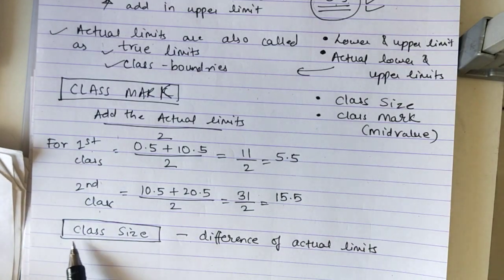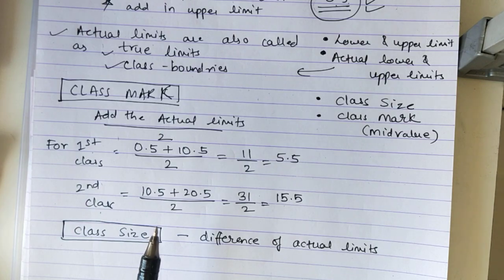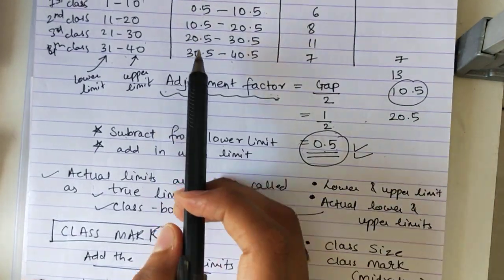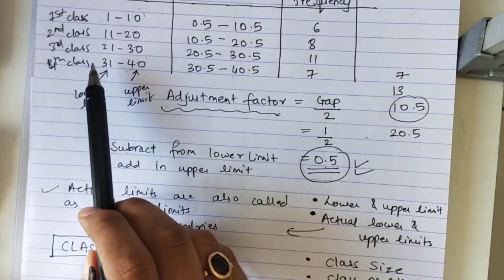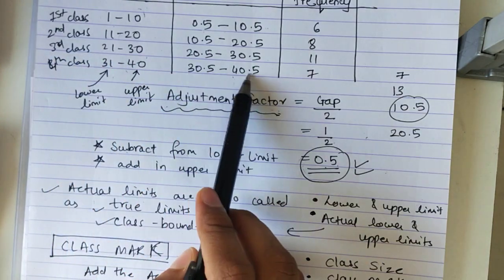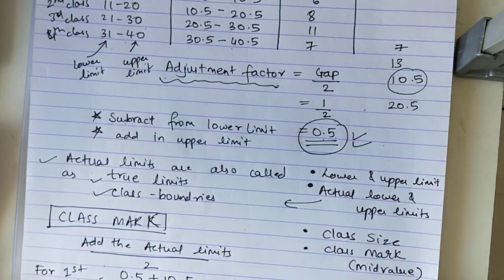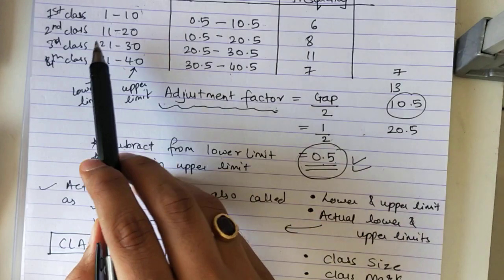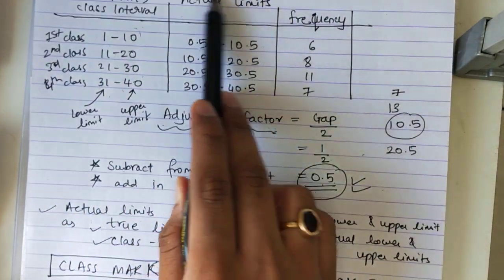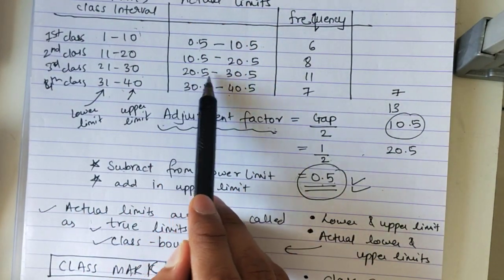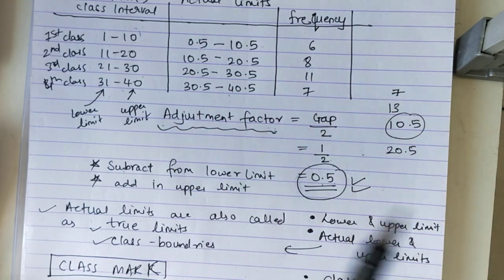If I want to find the class size of any class, for example, I ask you the class size of the third class. See the actual limits, always refer to the actual limits. It is 20.5 to 30.5, correct?